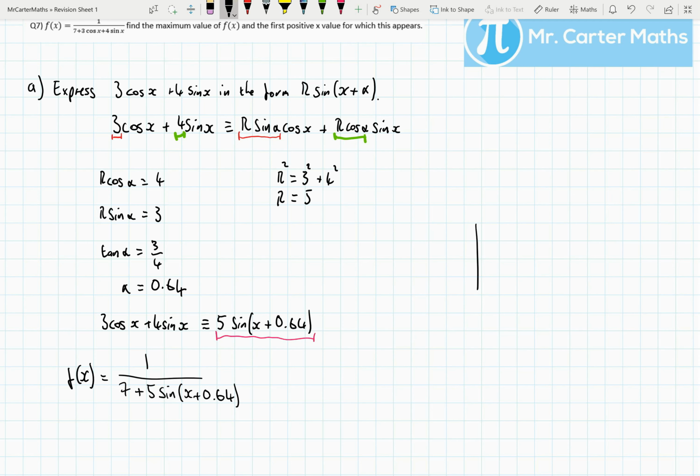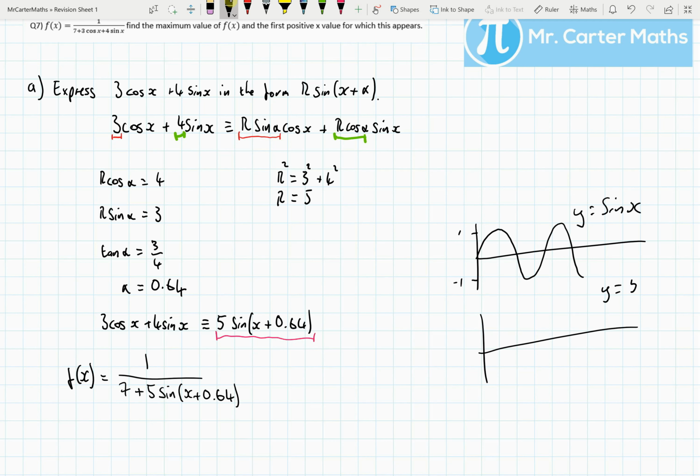We know that sine x bounces between 1 and minus 1 at its maximum and minimum points. If I then multiply that all by 5 and look at the plot, so this is sine x, and I think about this plot 5 sine x, I can think about this as being a bigger version stretched vertically up to 5 and down to minus 5.